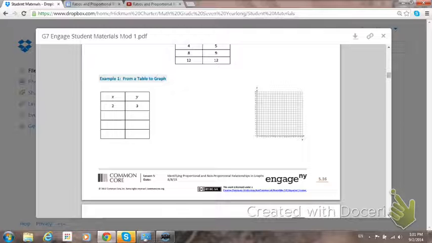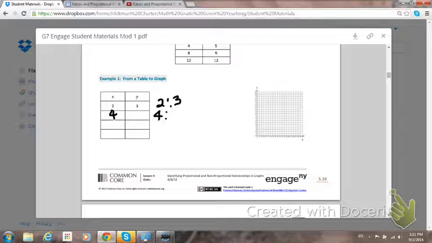Now, if the number of candy bars sold was 4, and here we had a ratio of 2 to 3, 4 to what number would be equivalent, or proportional, to 2 to 3?